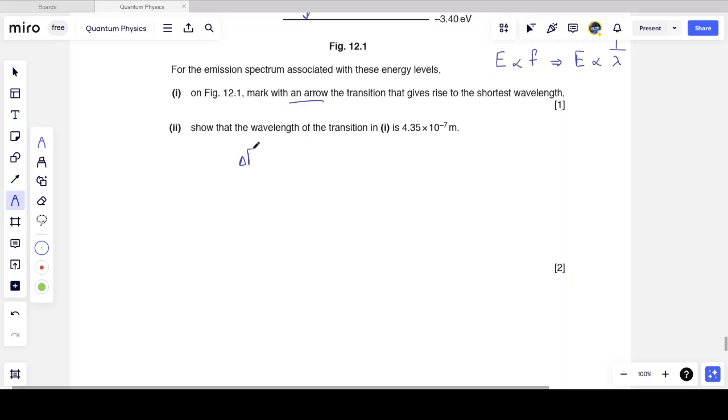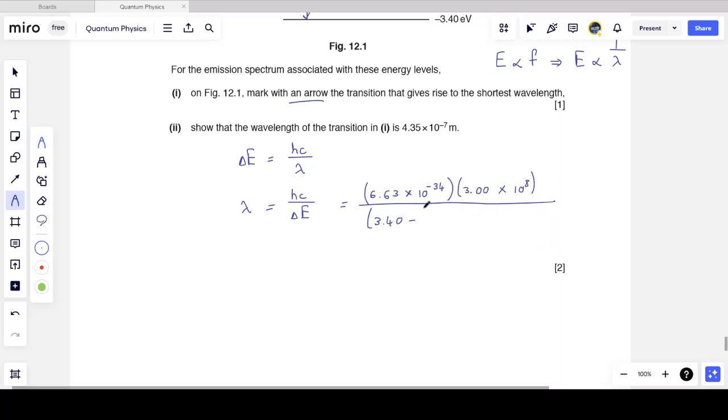So what we know is the change in the energy, delta E, is hc over lambda, the energy of the photon that is emitted. And so lambda, the wavelength of the photon, is hc over delta E, which is 6.63 times 10 to the minus 34 joule seconds, that's Planck's constant, multiplied by the speed of the electromagnetic wave, 3 times 10 to the 8 meters per second, divided by the difference in energy levels.